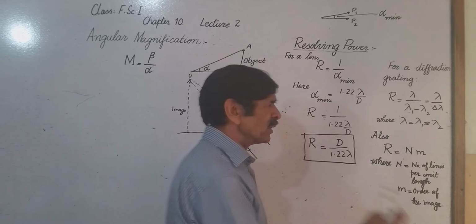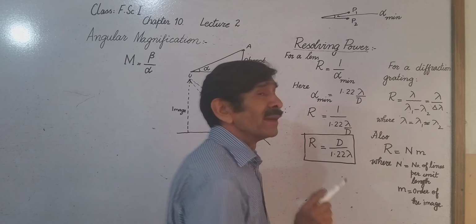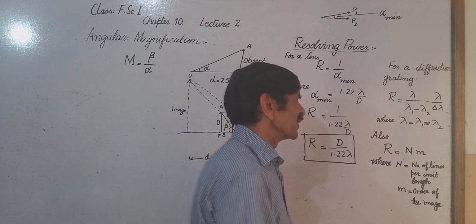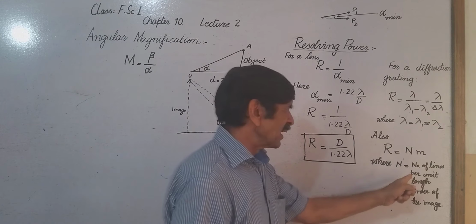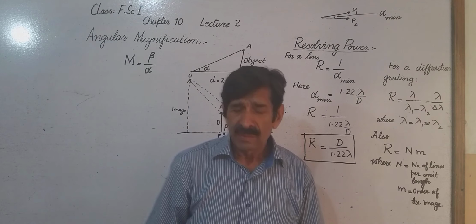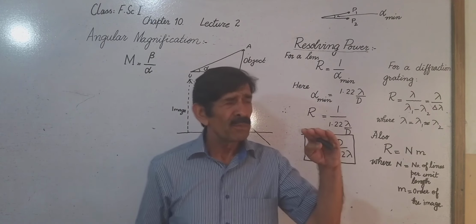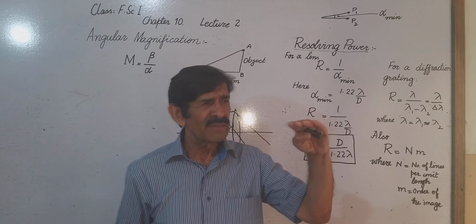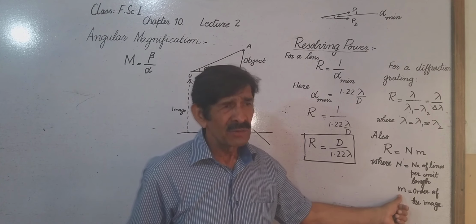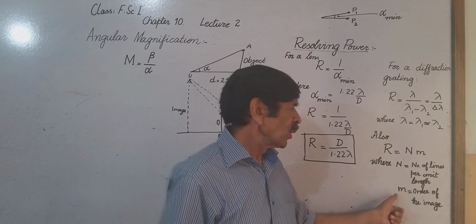This is the number of lines drawn per unit length, and n is the order of the image. The images formed by a diffraction grating are formed at different places. The first image has order 1, the second 2, the third 3, the fourth 4.